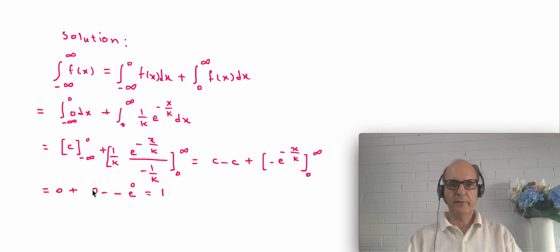So the top value of that is going to be 0, and when we substitute 0 for x, we get minus e to the power of minus 0 on k, which is e to the 0, which is 1. So then minus 1, and the final result is equal to 1, because 0 minus minus 1 is just 1.